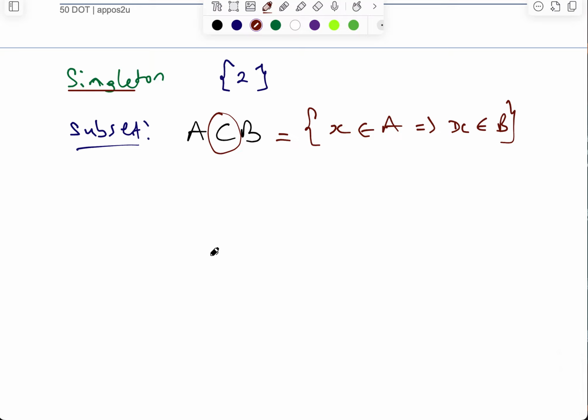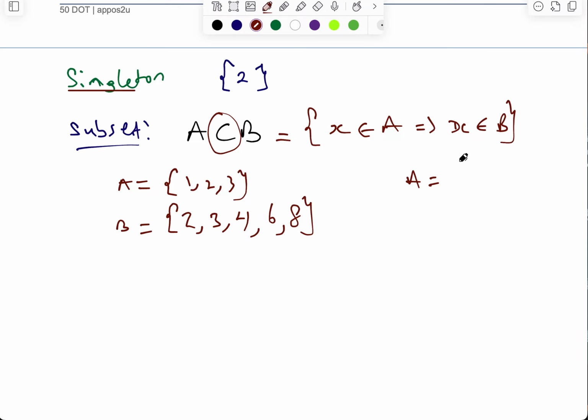Now, is it about being bigger that makes somebody have another set as a subset? Not necessarily. Let me give you two instances. Let's say you have A here, 1, 2, 3, and you have B here, 2, 3, 4, 6, 8. And let's say you have A here also 1, 2, 3, and B here. Let me make this one A1, B1, and this one A2, B2, and you have 2, 3, 4, 1.